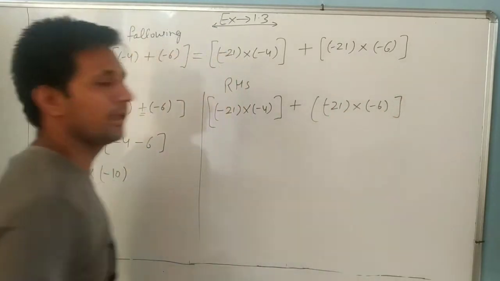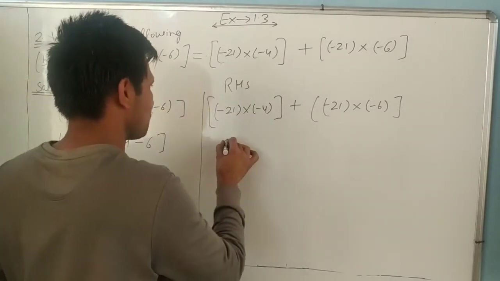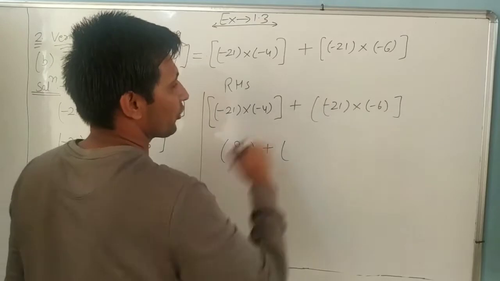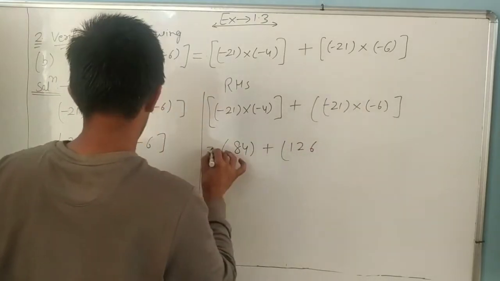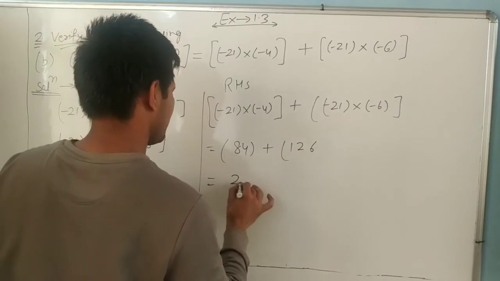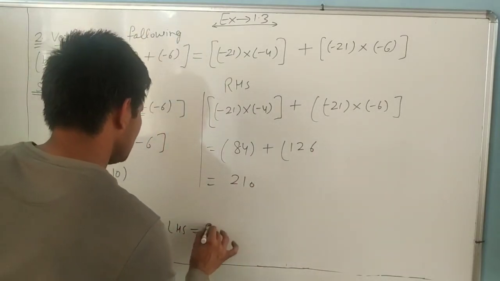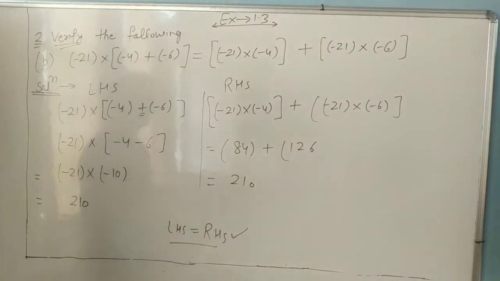Negative multiply negative, the answer is always positive, so it is 84 plus 126, because negative into negative is again positive. So again it is 210. So we find that left hand side equals RHS, and we verified both are equal.